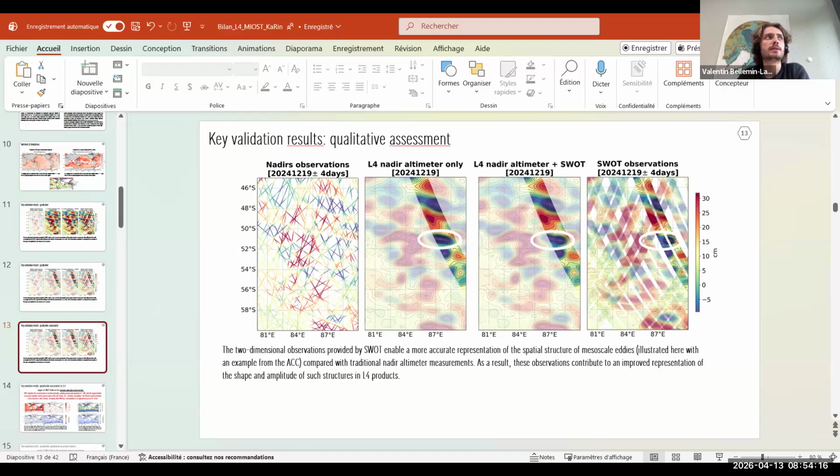You could clearly see a significant improvement when you were correcting for LWE, and when you were not, there were cases where adding SWOT Karin data was not improving, and we could not understand why. So we think it was very important to correct for this LWE signal.